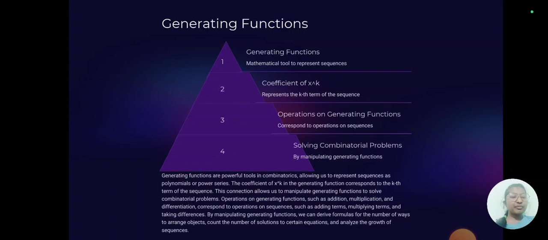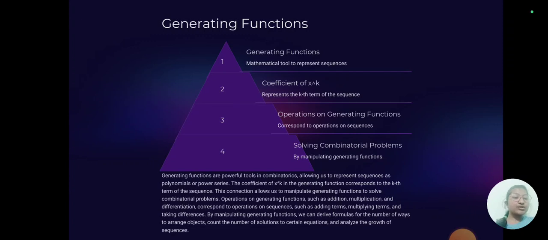Generating functions are a powerful tool in combinatorics. They allow us to represent a sequence as a polynomial or power series. The coefficient of x to the k in the generating function corresponds to the kth term of the sequence.